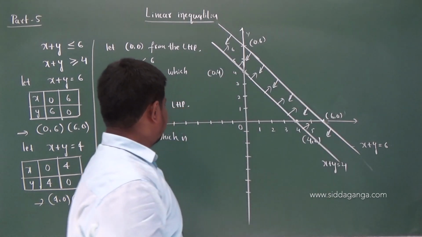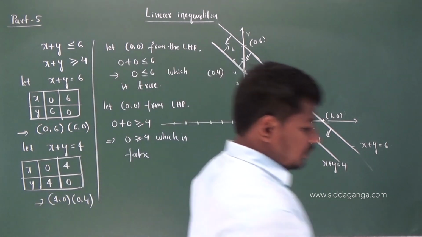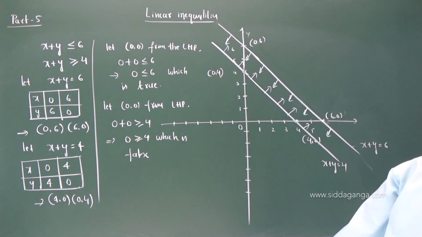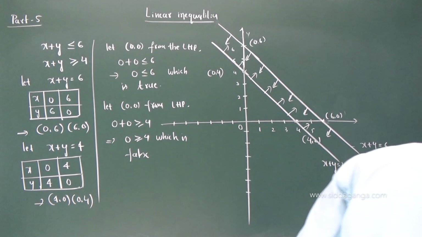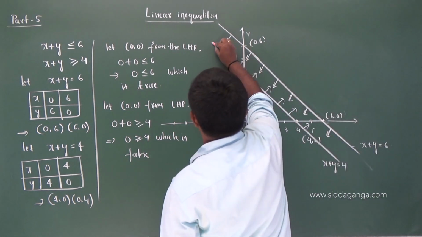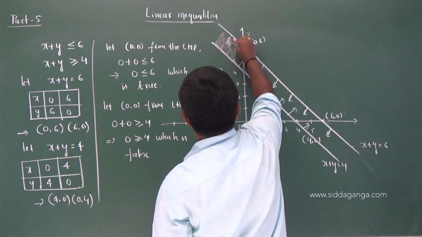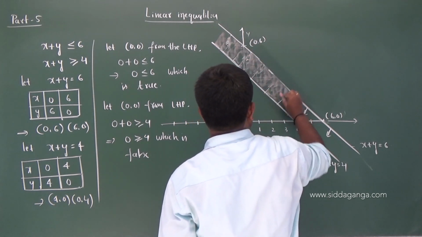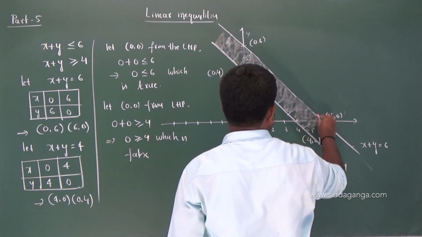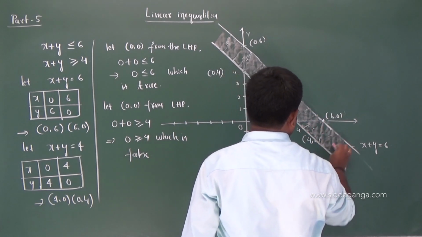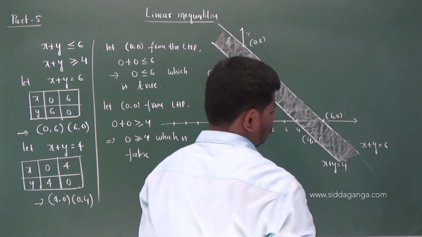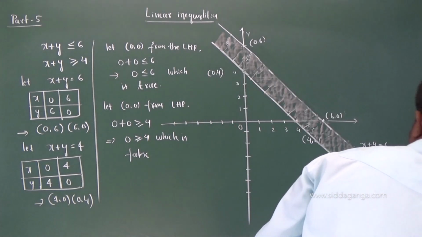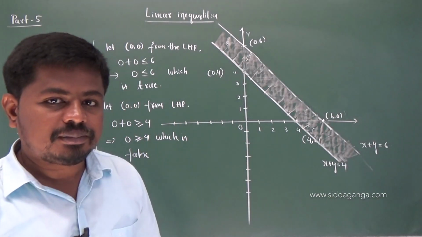Okay. Then the common region comes between these two. You mean this is your common region and hence becomes the solution region. This is your solution region.